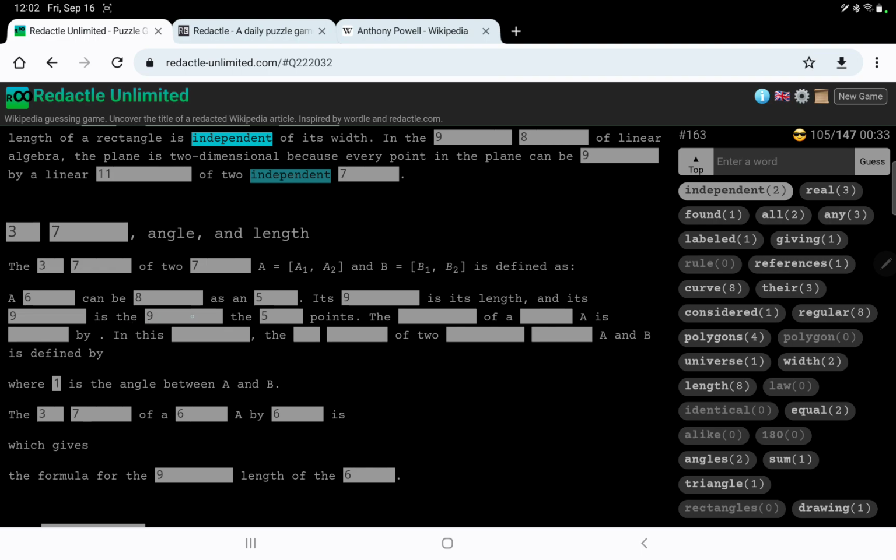What could the 9-letter word be here? Is the 9 the something points? Doesn't seem right that you could have a word there. Is the blank the something points? The 9 of a 6A is 7 by, not that, in this 9.